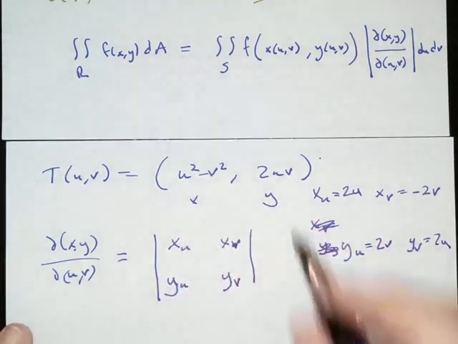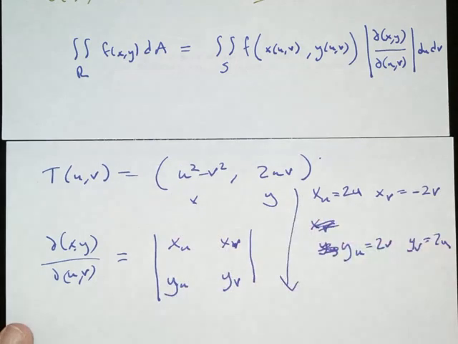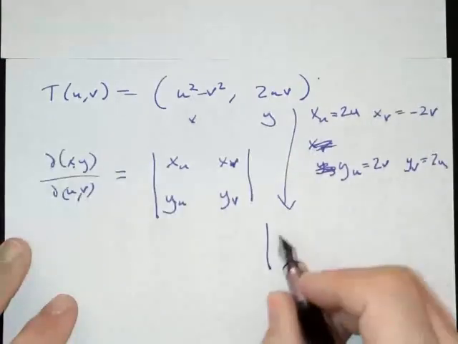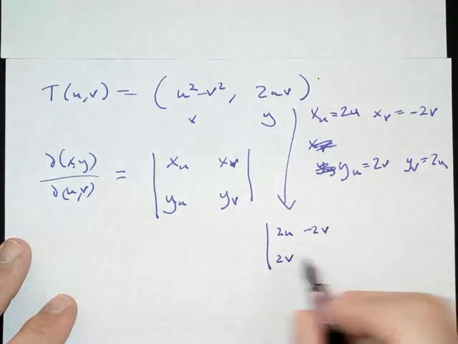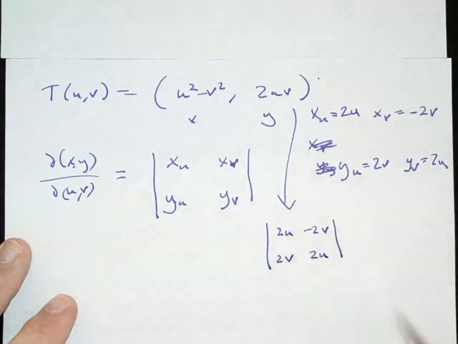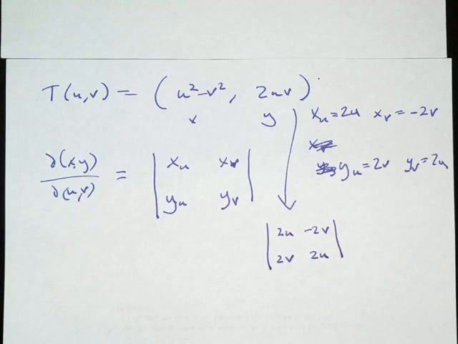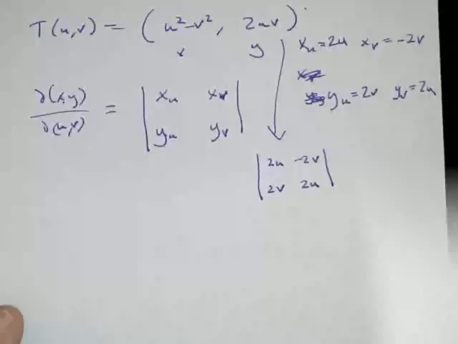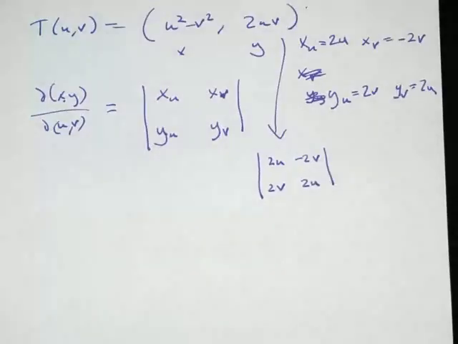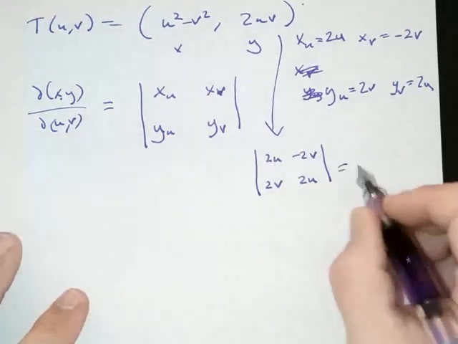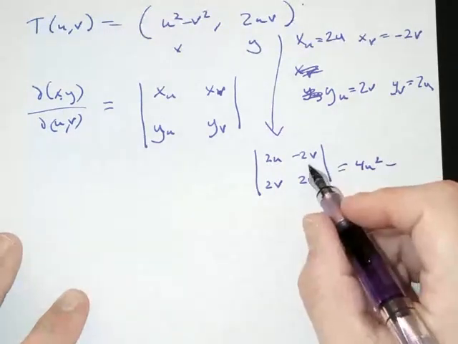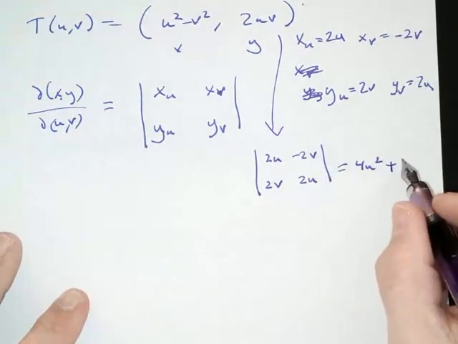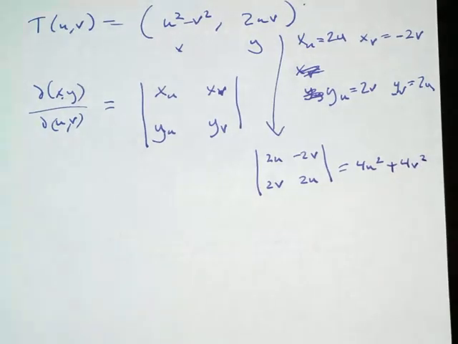So when I do the Jacobian for this transformation, I can write it and then I can do that determinant, just like we were doing in the cross products, right? So I do it in the cross product. 2u times 2u is 4u squared minus 2v times negative 2v is negative 4v squared. That makes this a plus.